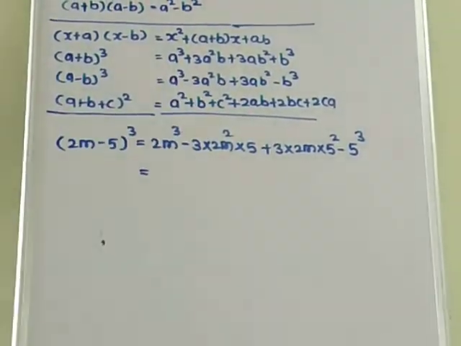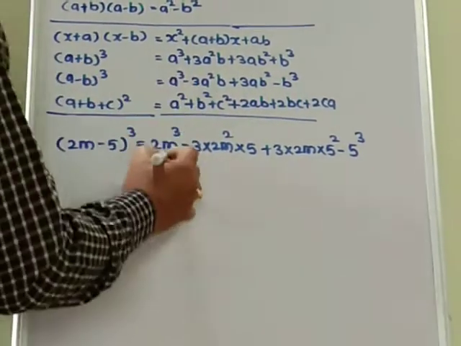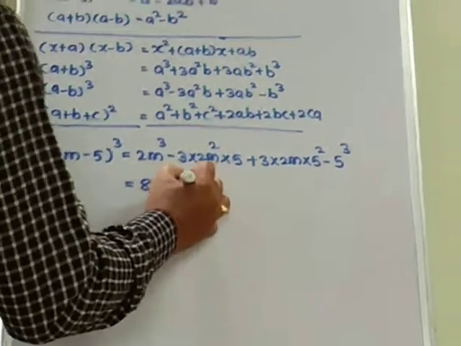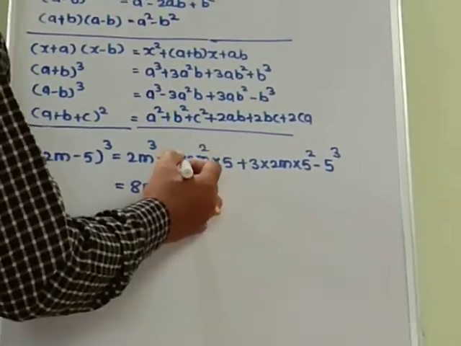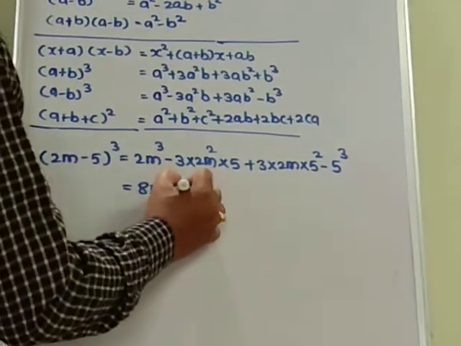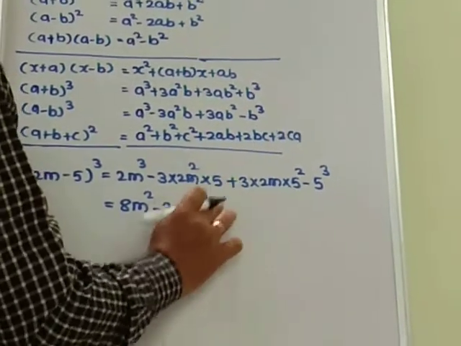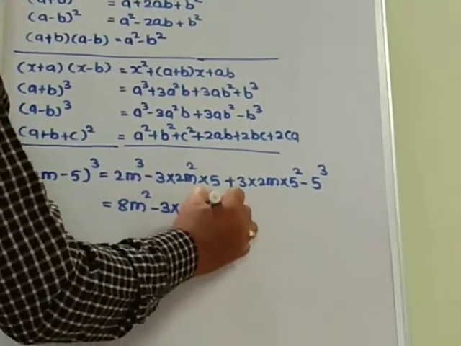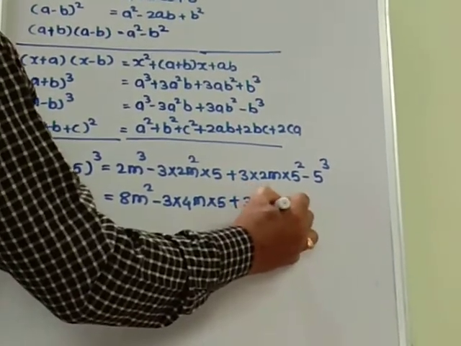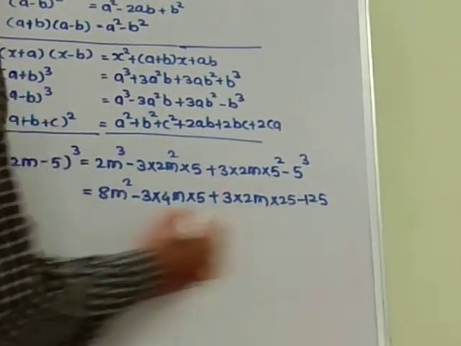Okay, that is 2m cube, that is 2 to the 4, 4 to the 8, 8m cube, minus 5, 3 into first of all we clear the 4m square into 5, plus 3 into 2m into 25, minus 125.